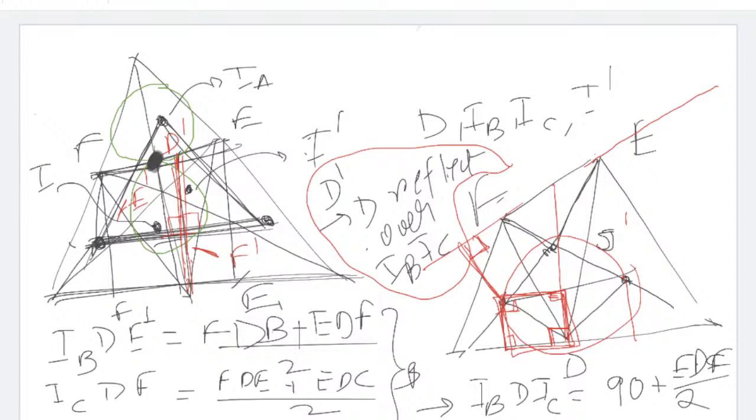How do we do this? Oh wait. Hey, listen. So we want the incircle to be twice, right?